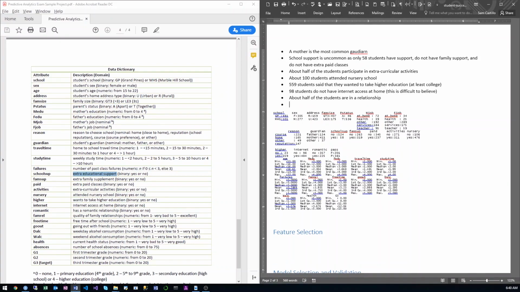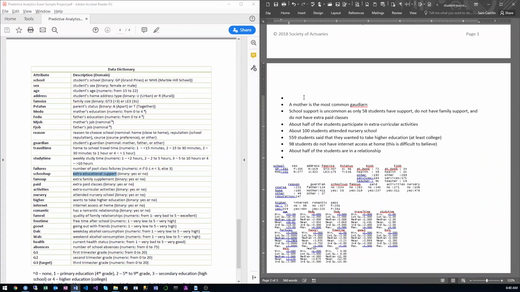What is pass? So pass is the target. That's the flag. So 201 students passed with a G3 of at least 10, and 381 failed.